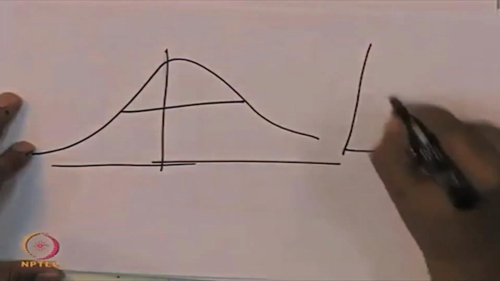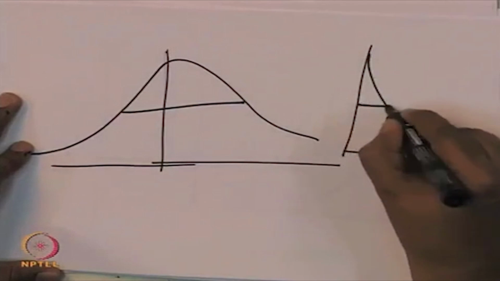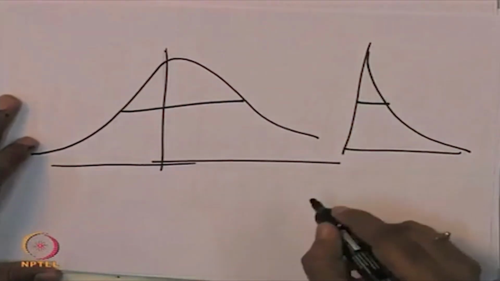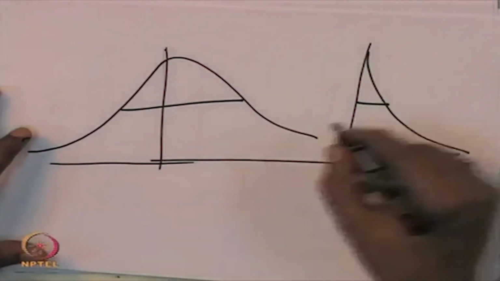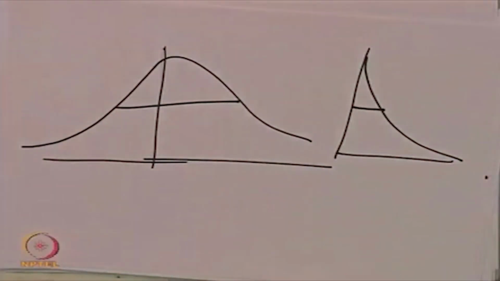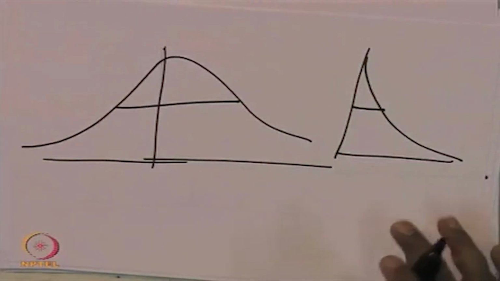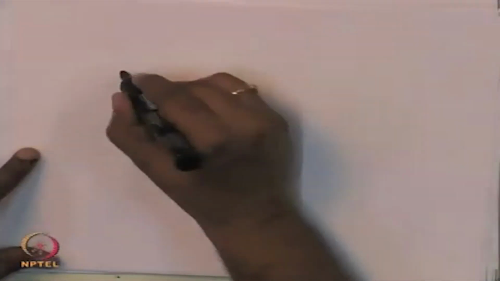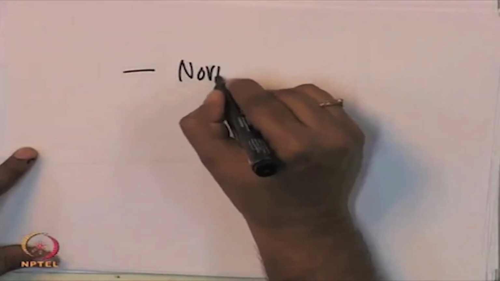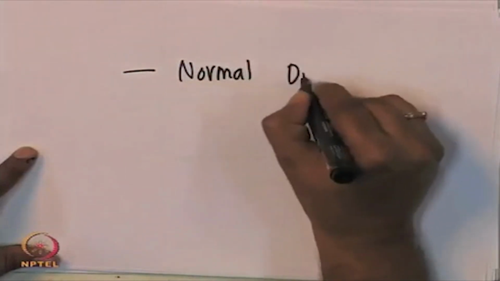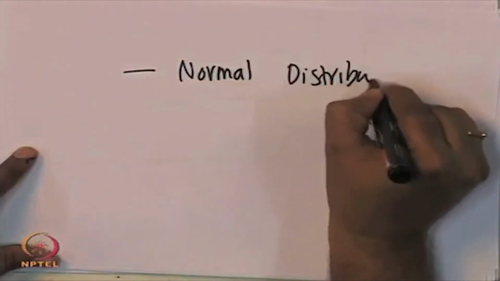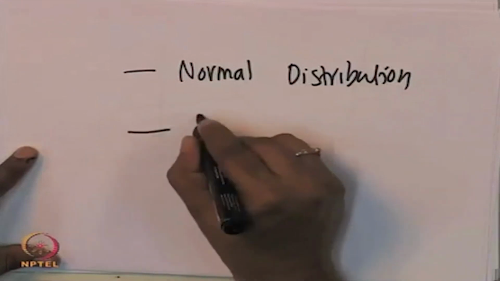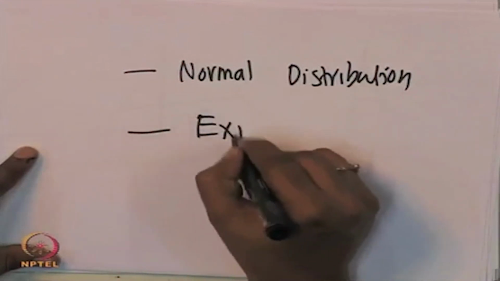So, do these questions yourself and find out the width at half maximum for each case, for the standard exponential distribution as well as the Gaussian distribution. So, we learned two kinds of distribution, normal distribution and exponential distribution.